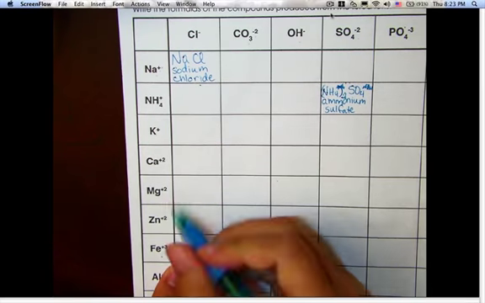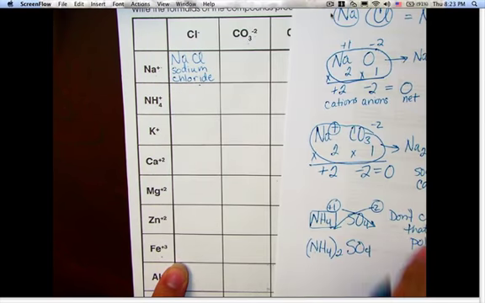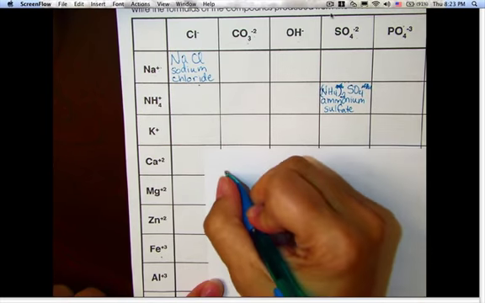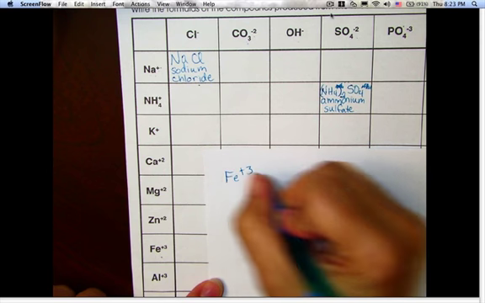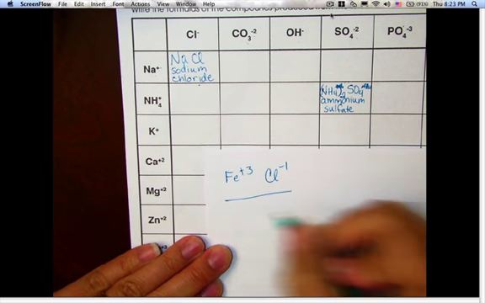So down here, if I combine the iron with the chlorine, the work as far as the formula is the same. A little scratch paper here. So I have Fe +3 with Cl -1. Well, the least common multiple is 3.